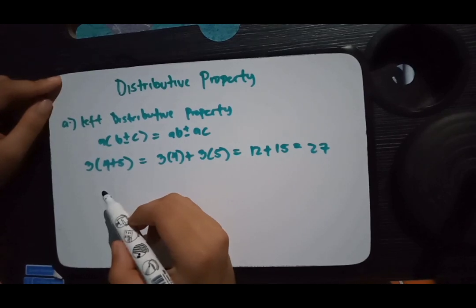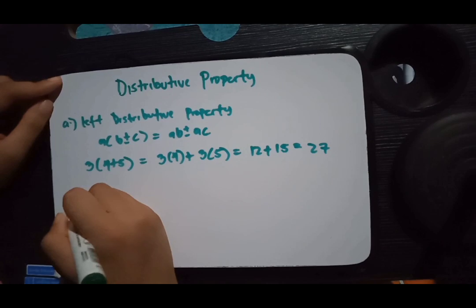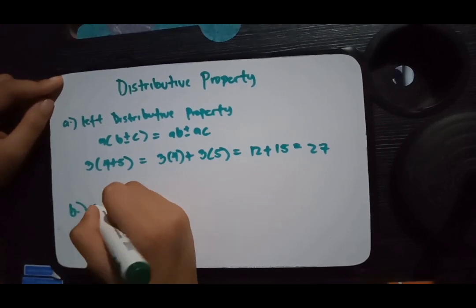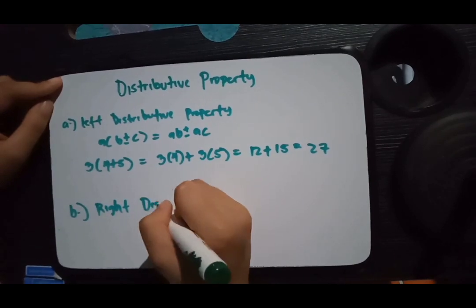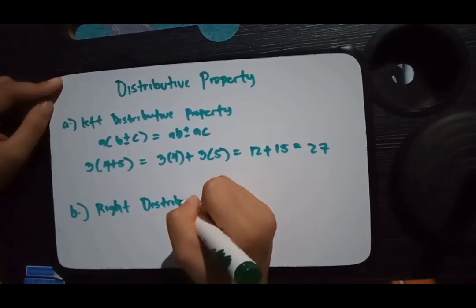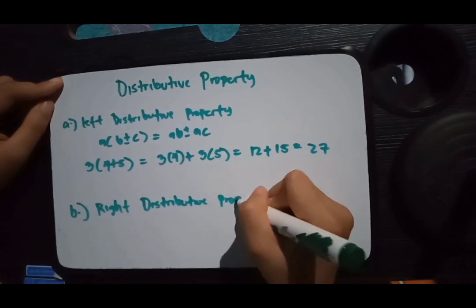So, next, if we have left distributive property, we also have here right distributive property.